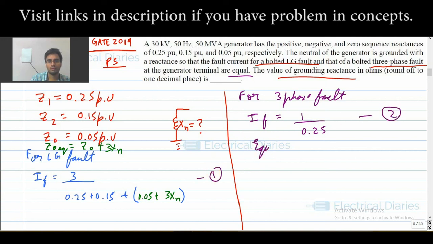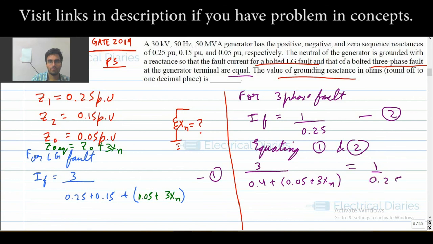So equating 1 and 2, what you will get is 3 upon 0.25 plus 0.15 plus 0.05 plus 3Xn is equal to 1 upon 0.25. Yeah, so on solving this, you will get Xn as 0.1 per unit.